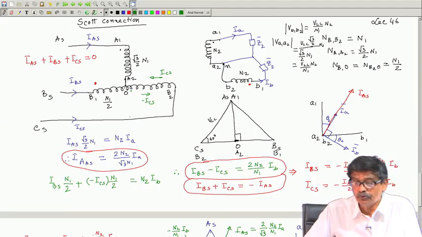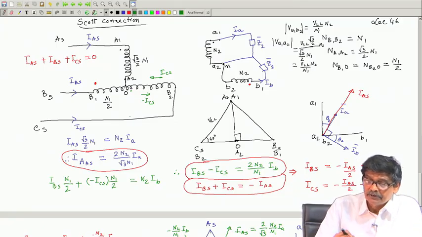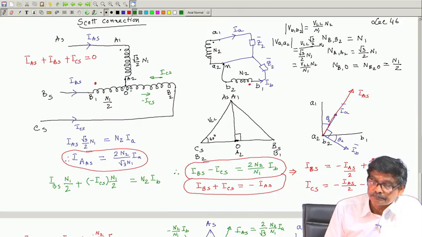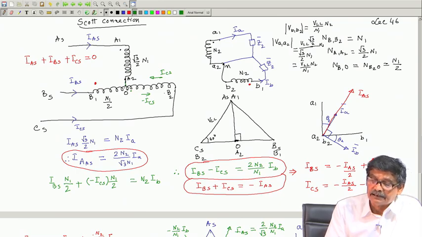You require two single phase transformers which are not identical in the sense that number of turns are different. Primary side must have a total number of turns N 1 and with a 50% tapping, otherwise you cannot implement that. The second transformer primary must have its number of turns same as this transformer, but with root 3 by 2 into N 1 turns.